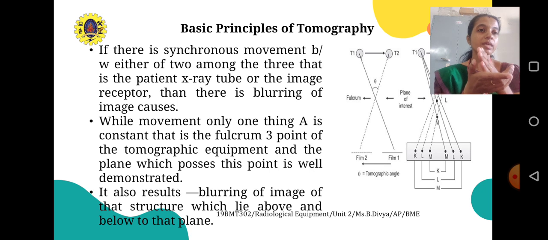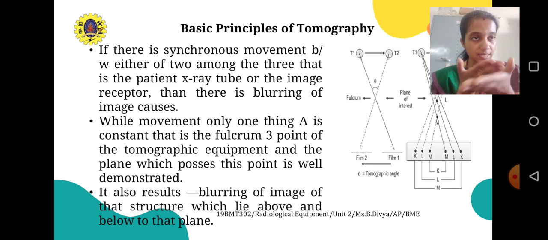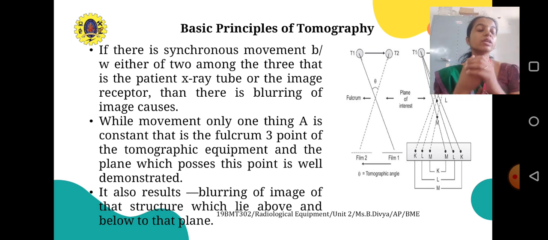That point is called the fulcrum point or the plane of interest. Once this point is intersected properly, the image will be a very good image. We will not have any blurring in it.